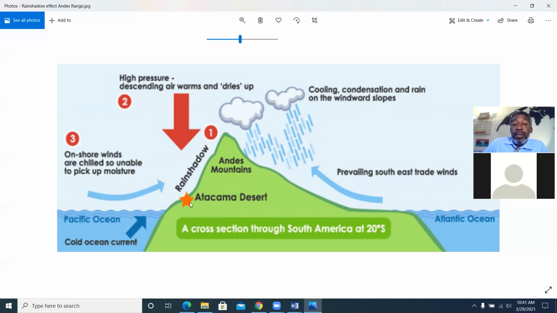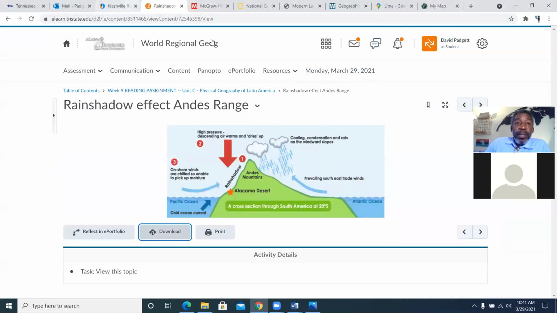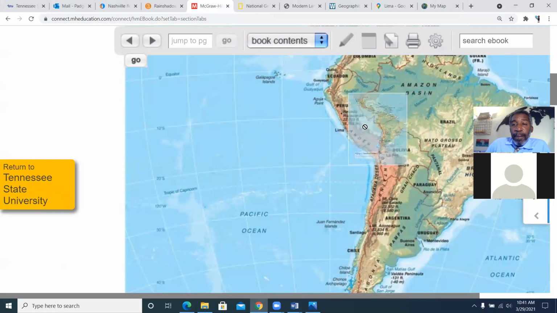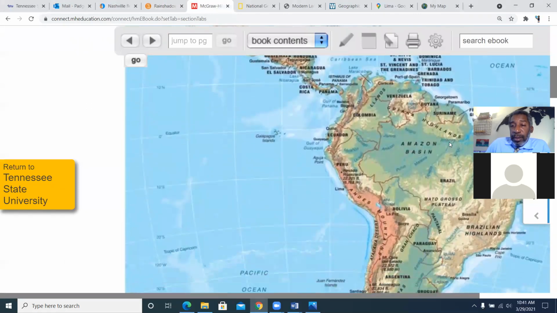So you have Lima, Atacama Desert, and Iquitos, which is more on the windward side of the Andes range, and is situated in the Amazon River Basin here in figure 11.1.